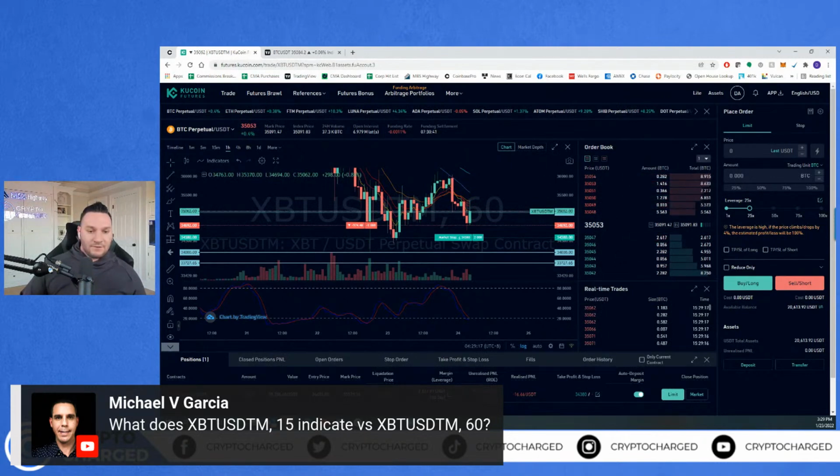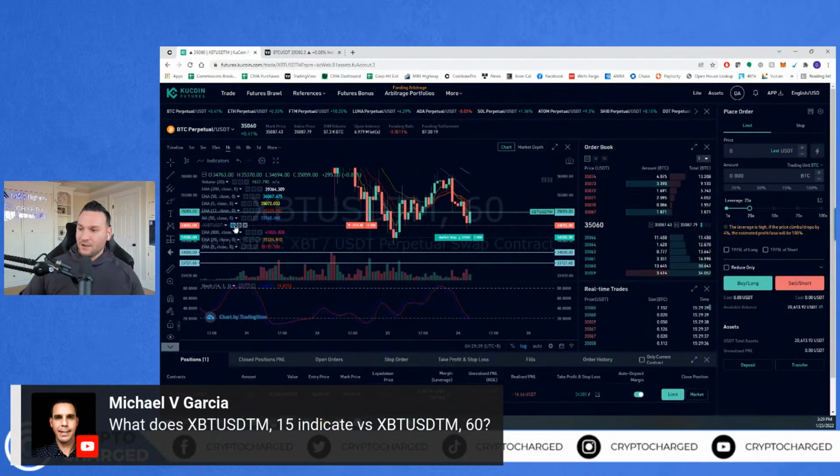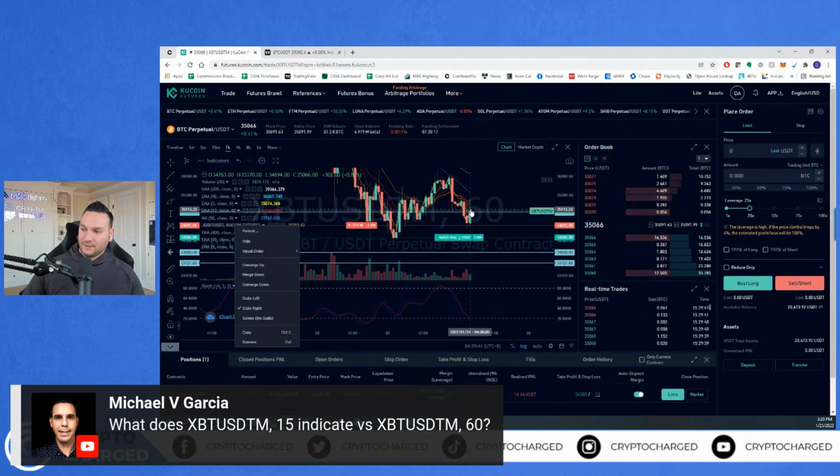What does XBT USDT M15 indicate versus XBT USDT M60? Let's see where you're actually even seeing that on here. When I click on this, you can see it shows you the XBT USDT, right? So that's just the price of this perpetual contract that it follows.